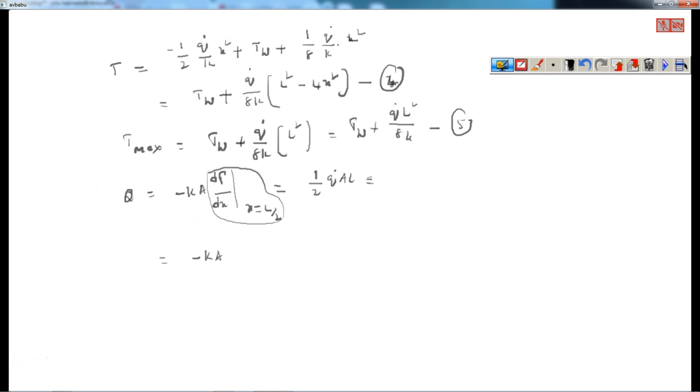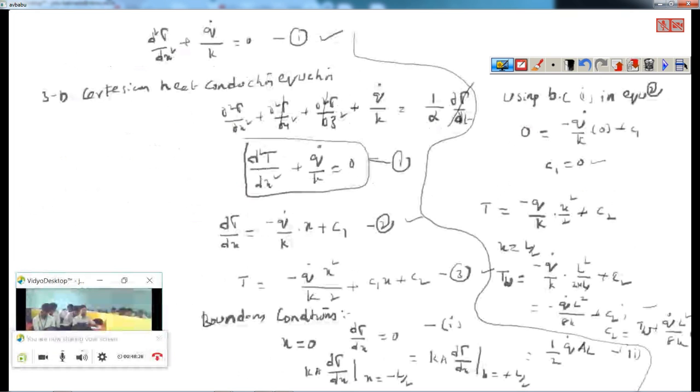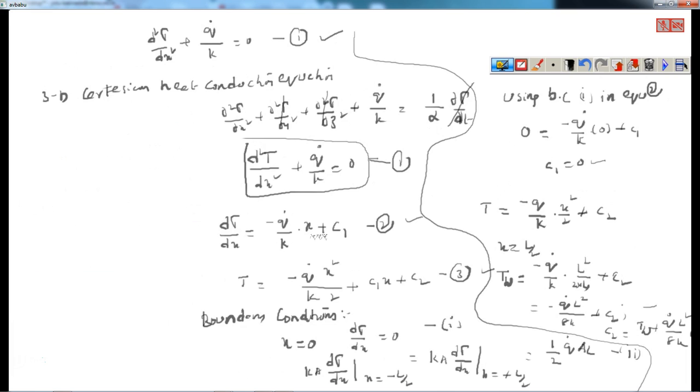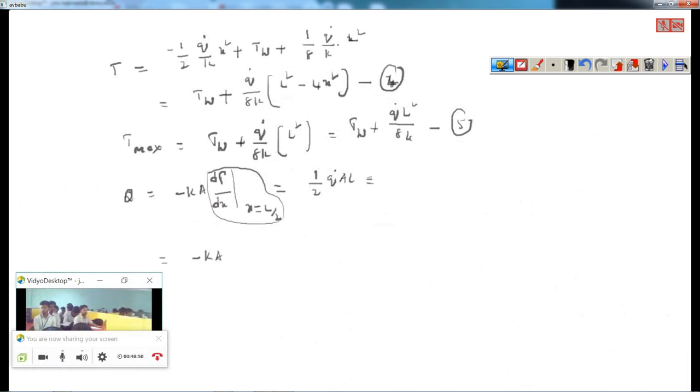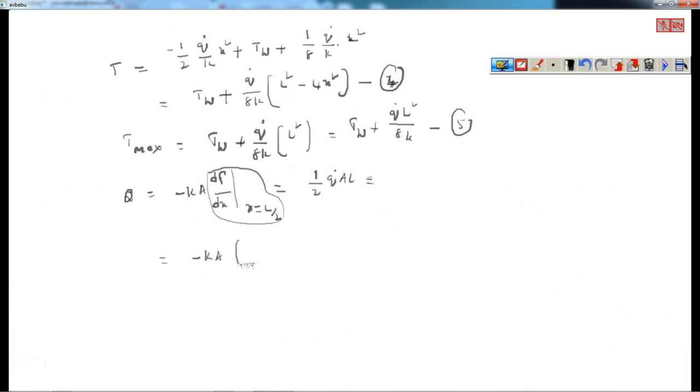Now I go back to that equation. Here dT by dx is equal to q by K times x, right? So I'll write this equation. Now I'll write minus KA into minus q by K, into x.